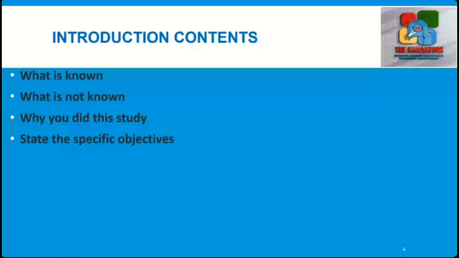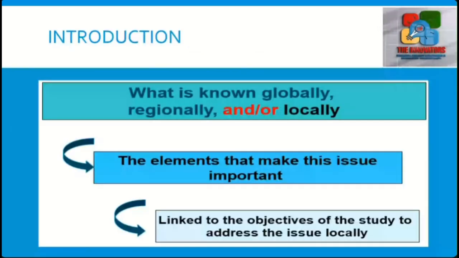As I've said, for what is known, you have to write it following the inverted pyramid, from the global, regional, or local context. This makes the issue very important and links it to your objective as I have already explained. Next, please.